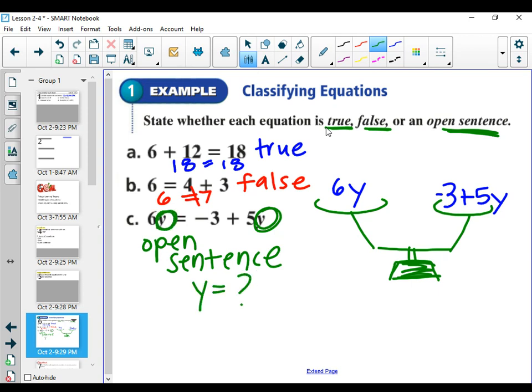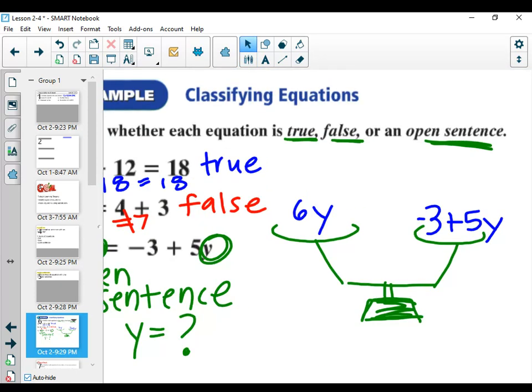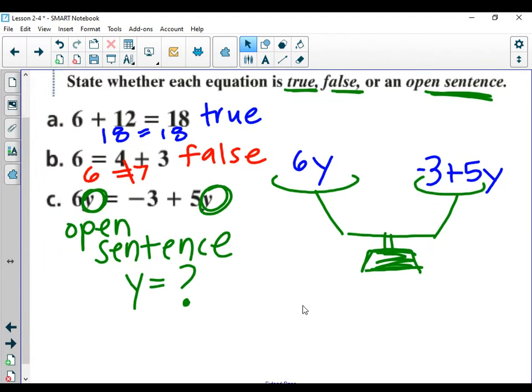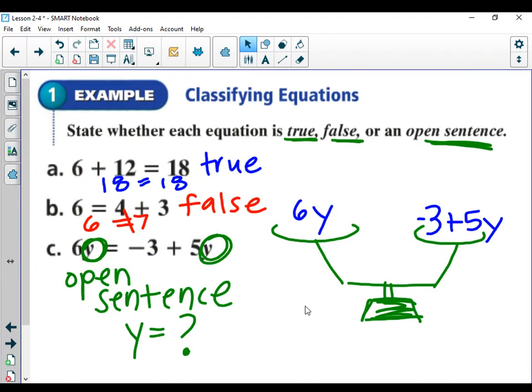Since no one has told us what y equals yet, we don't know if it's going to balance out for true or not for false. So we're going to call it an open sentence. If you need more time, you should press pause so you can catch up.